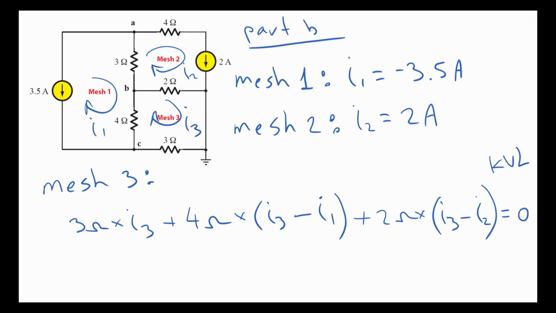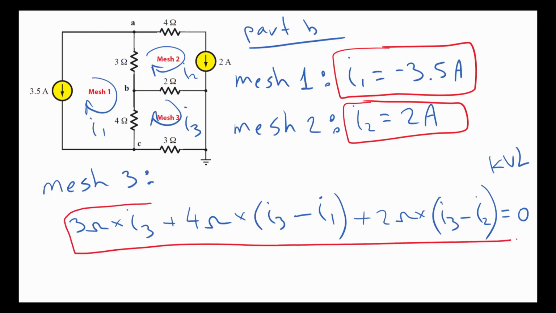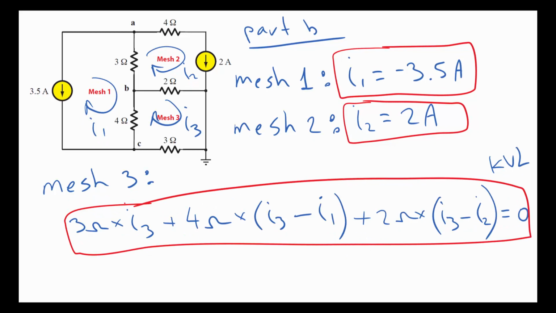Okay, so now we've done part B, and we have expressions for each of the mesh currents: the I1 mesh current, the I2 mesh current, and the expression for the I3 mesh current.